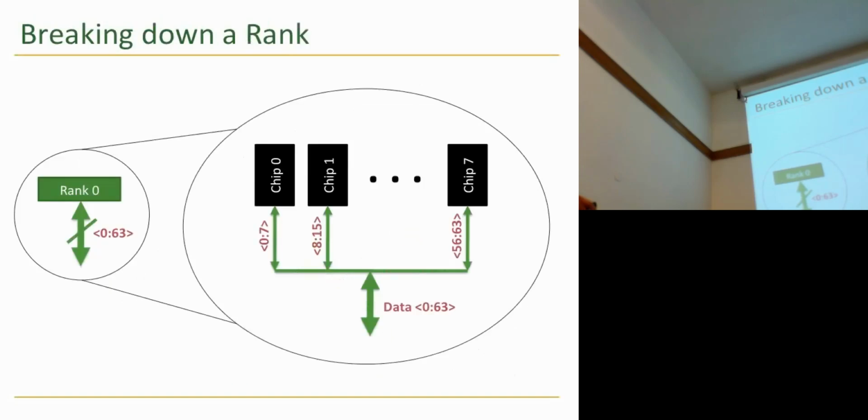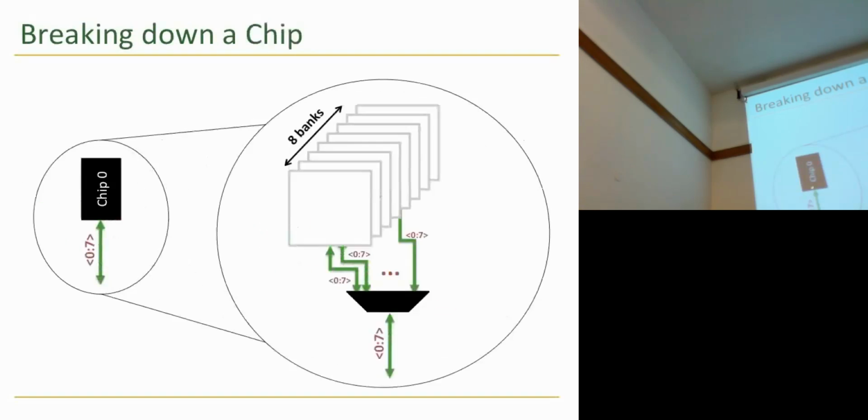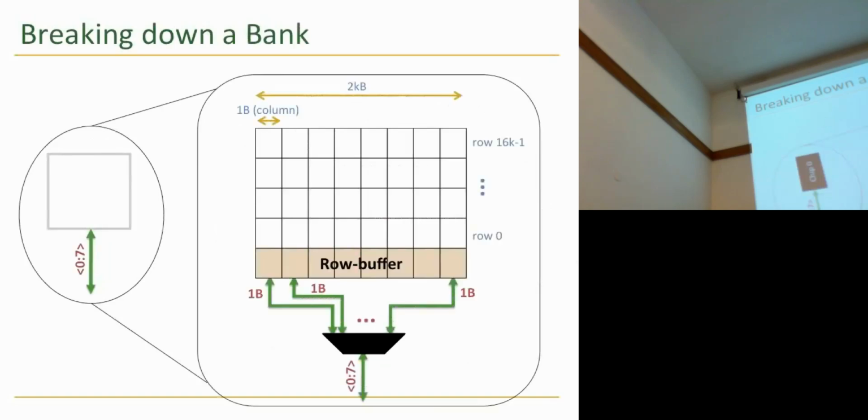And let's take a look at that chip itself. If you take that chip, it consists of multiple banks over here, which can provide independent pieces of data. And if you look at a bank itself, the bank is a two-dimensional array of cells that we've looked at before. And you have a large row buffer. And if you break this column down, you'll see the cells. Maybe I should have gone to the next step. But that's the idea. So that's the DRAM system.